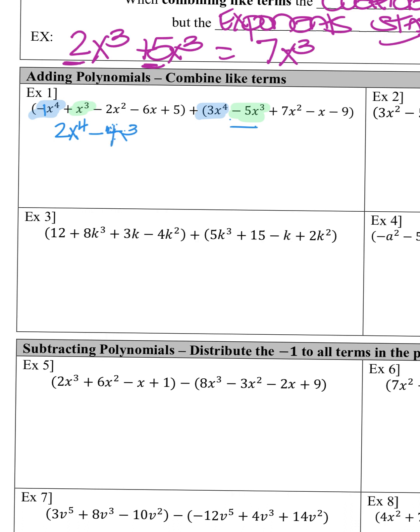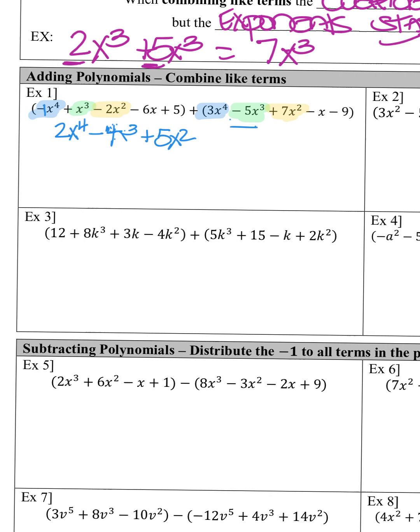So now let me move on to my next one. I have my x squared. Okay. So here, same thing, just going to add. I have a positive 7 minus 2. So I'm left with plus 5x squared. Okay. Moving on to another coefficient here. Let's see, what else do you see?